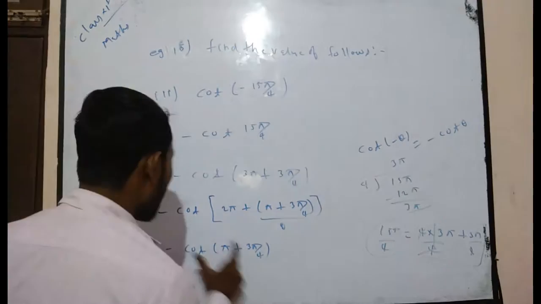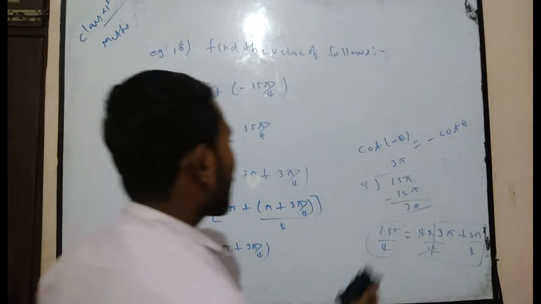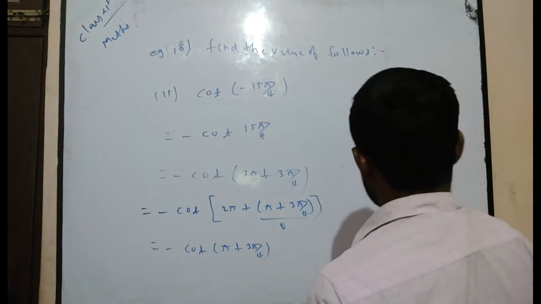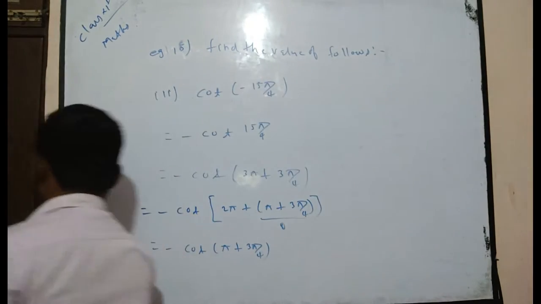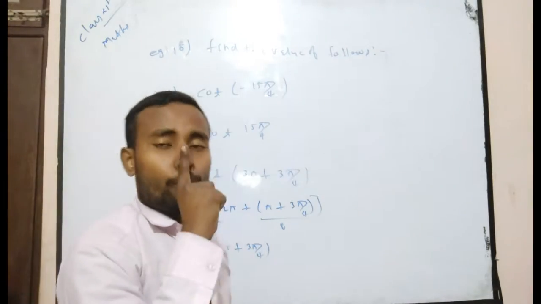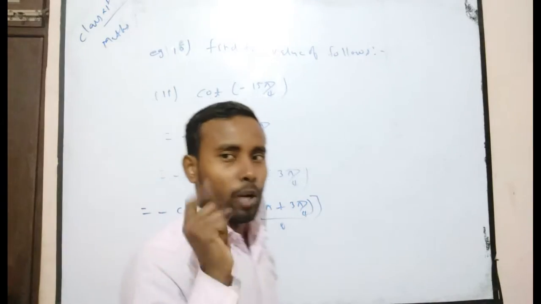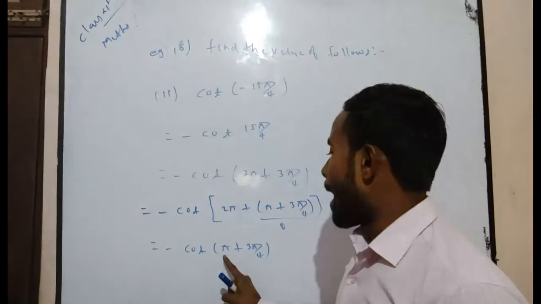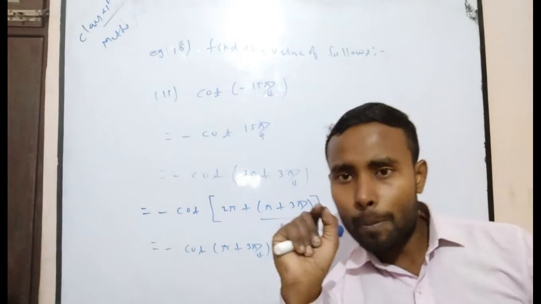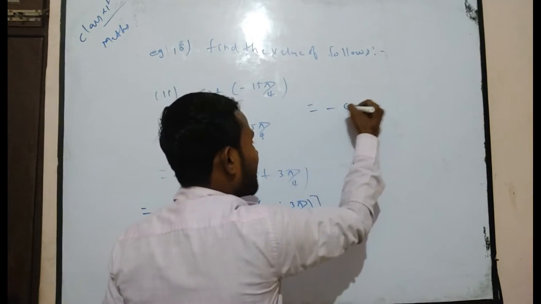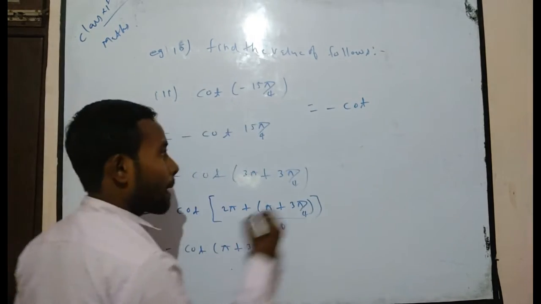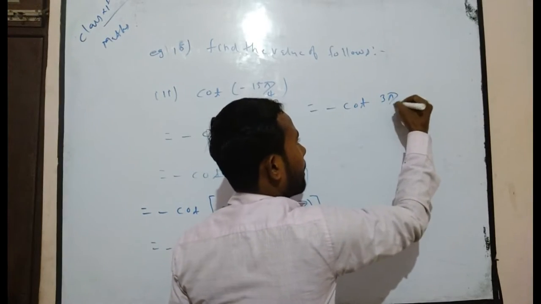Pi plus theta lies in the third quadrant, in which cot will be positive, because in the third quadrant tan and cot are positive, and here pi is an even multiple of pi by 2, so you can write it just as cot 3 pi by 4.